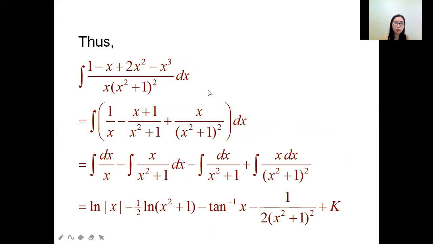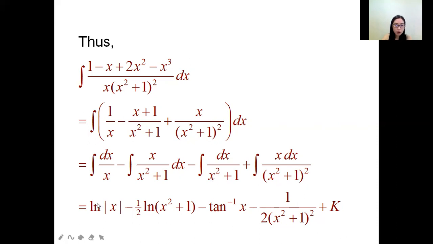Thus, the integral of 1 minus x plus 2x squared minus x cubed all over x times the quantity of (x squared plus 1) squared dx. So, i-perform na tong integral process. I-substitute na to yung partial fraction decomposition and perform the basic na formula or basic na integration techniques.